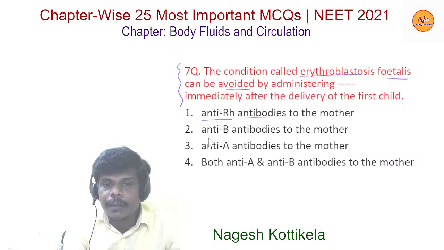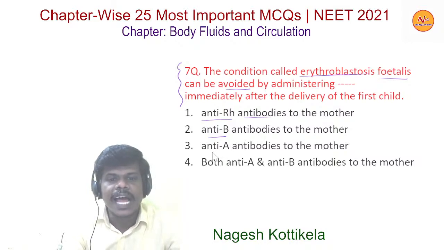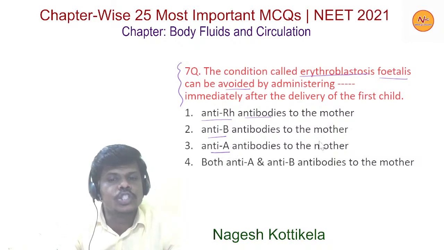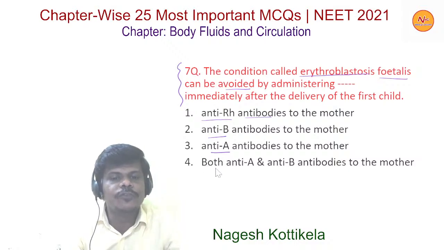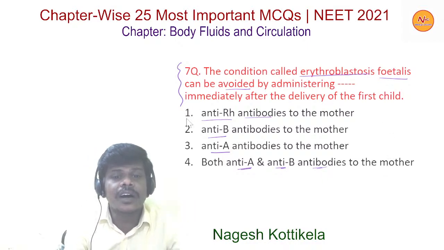Next, anti-B antibodies to the mother. Option 3 anti-A antibodies to the mother, and option 4 both anti-A and anti-B antibodies to the mother. Here option 1 is the right option.